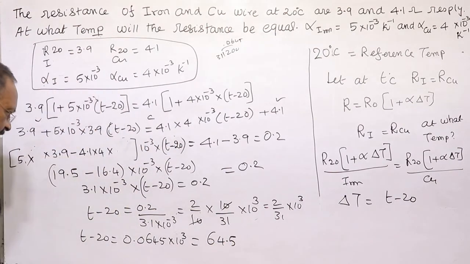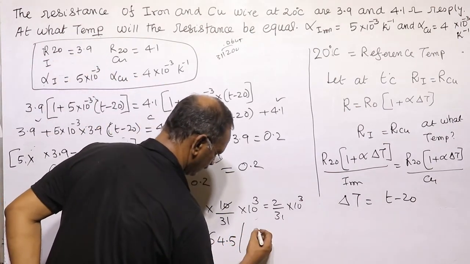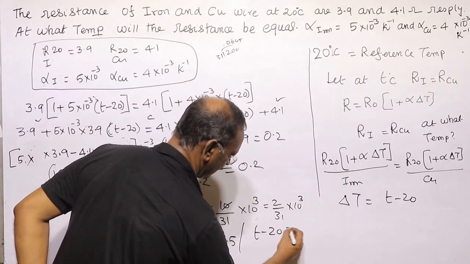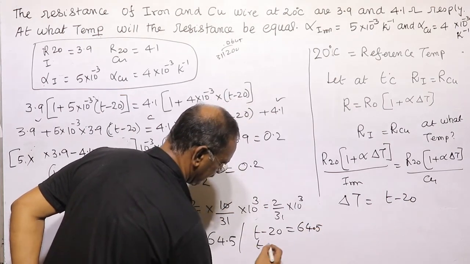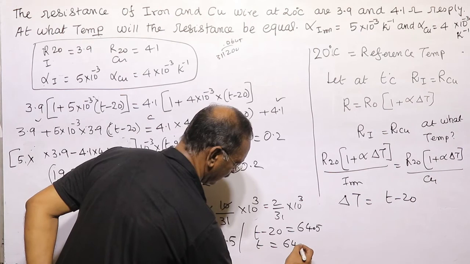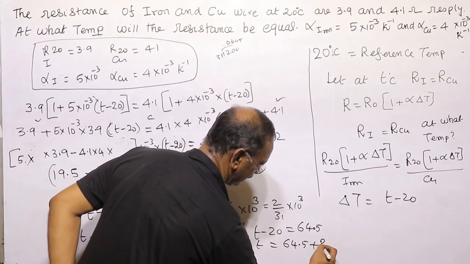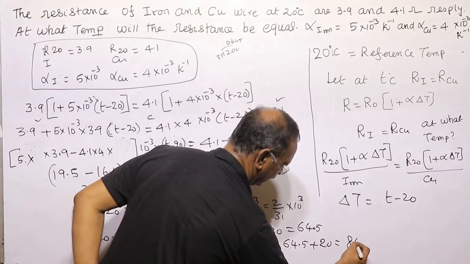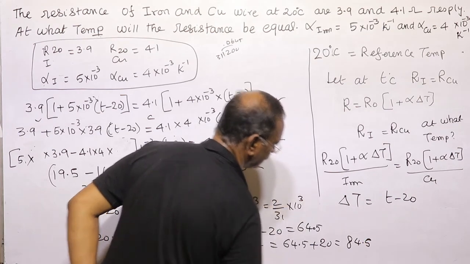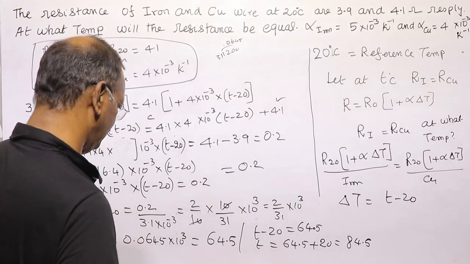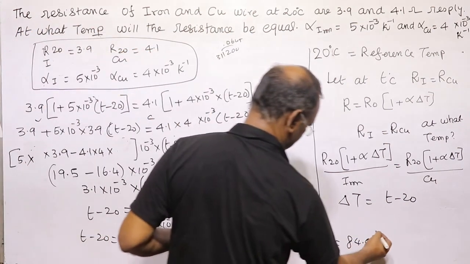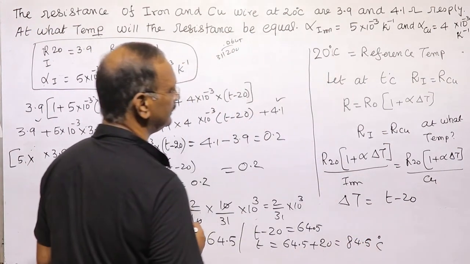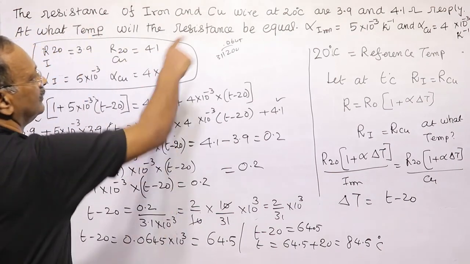That is 64.5. T minus 20 is equal to 64.5, or T is equal to 64.5 plus 20, which is 84.5. So the answer is 84.5. Since it is given in degree centigrade, we write degree centigrade.